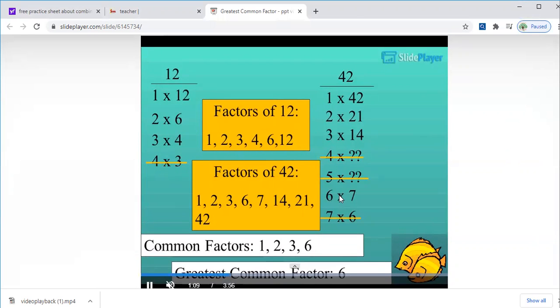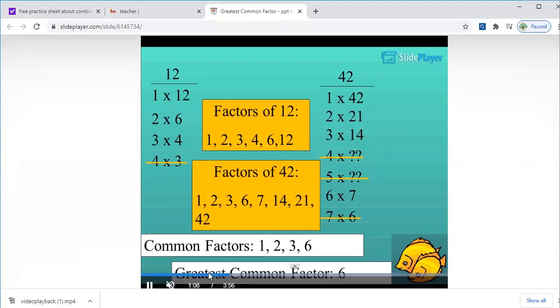Like this one, we have 6 times 7 and then 7 times 6. Then we stop. So the factors of 42 are 1, 2, 3, 6, 7, 14, 21, and 42.